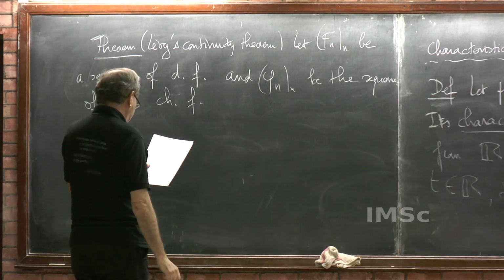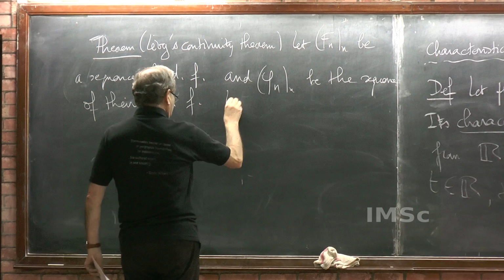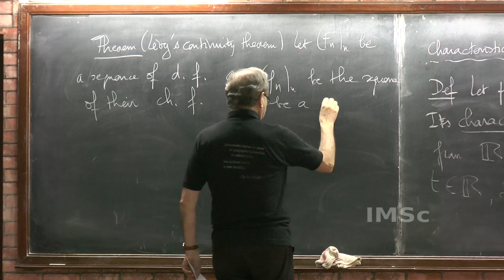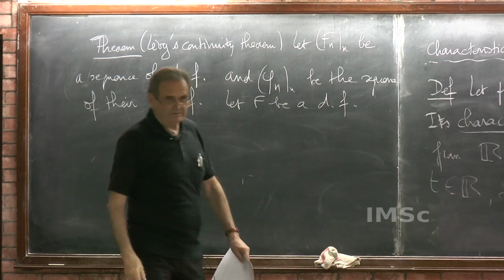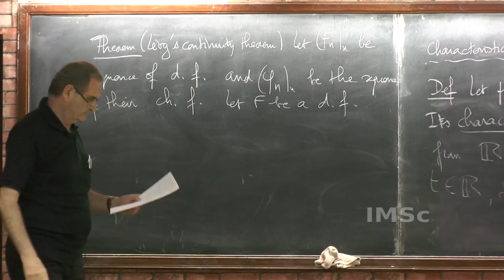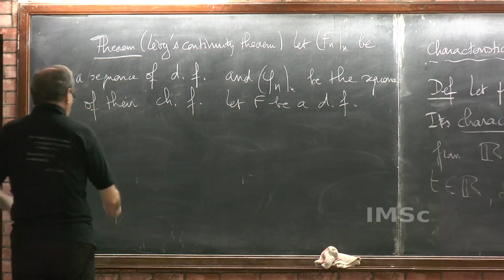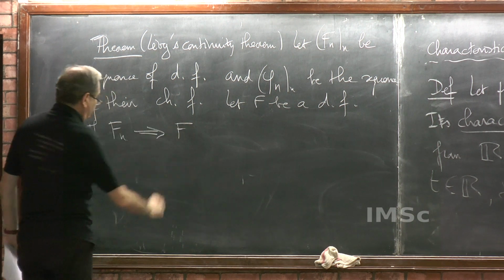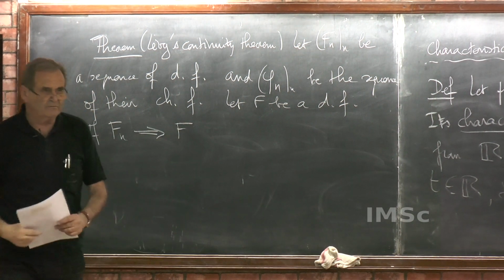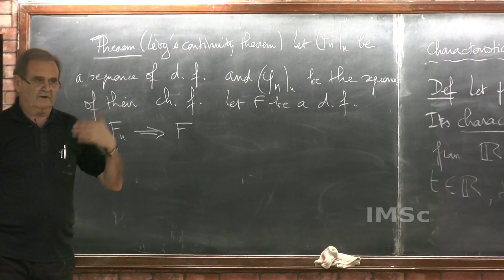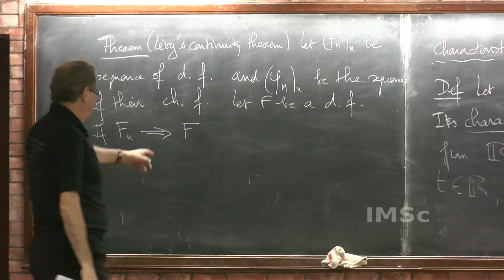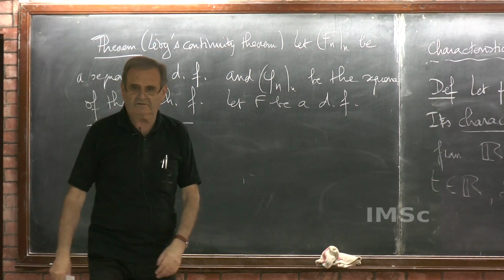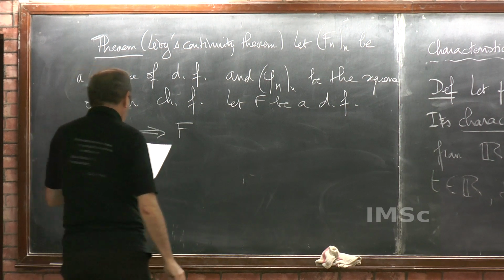Okay, then we have the following, and let F be a distribution function, so the distribution function of a probability measure. If the sequence Fn converges weakly to F, pointwise convergence at each point where F is continuous, which is just to say that you have weak convergence also of the probability measures, then you have the following.